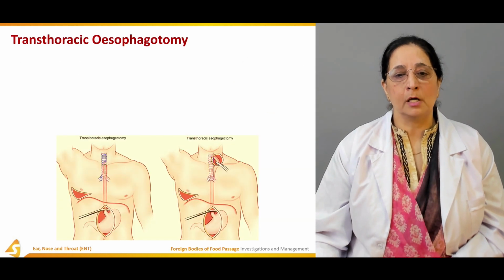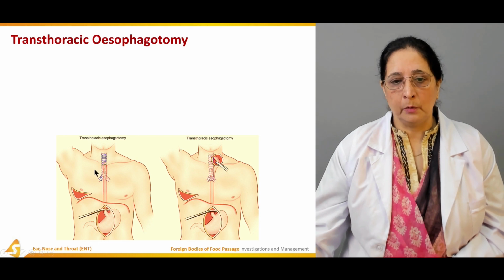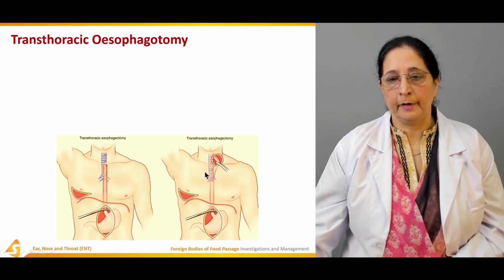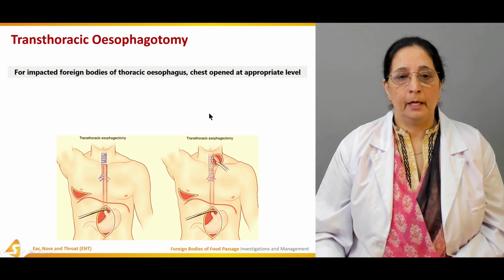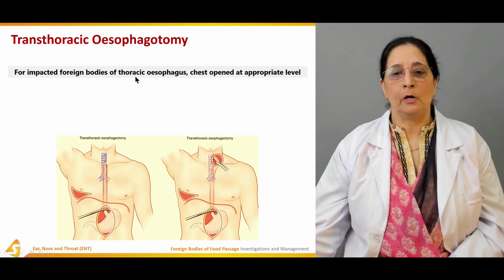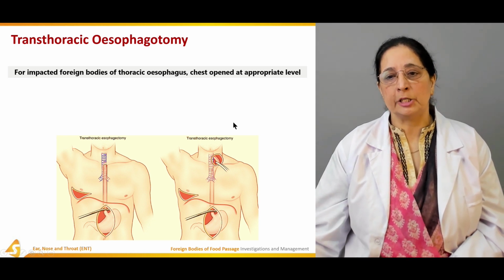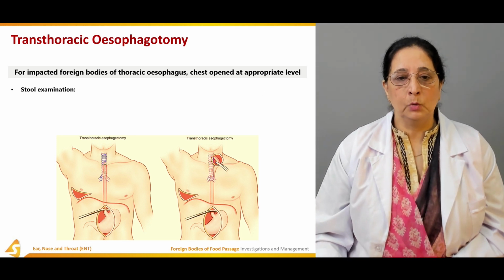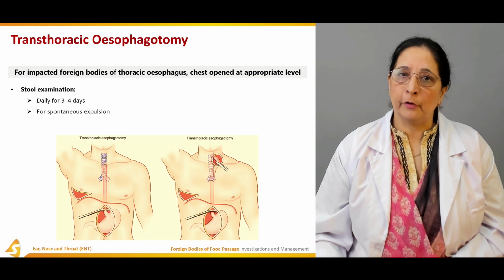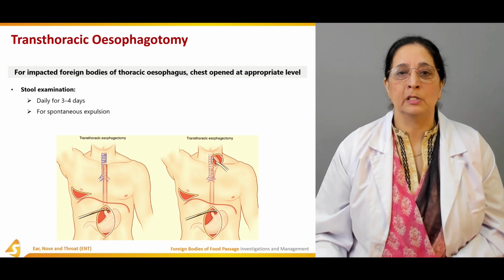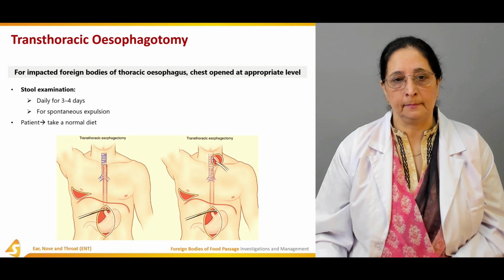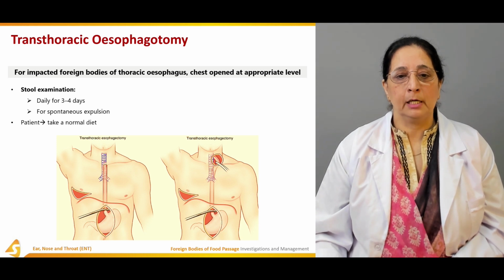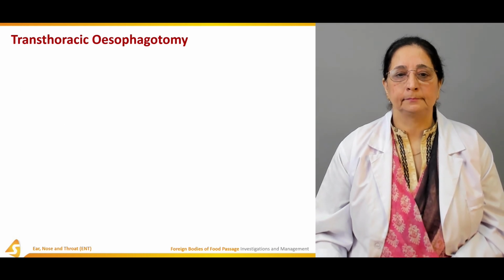Transthoracic esophagotomy: if it is lower down in the thoracic esophagus, then for impacted foreign bodies of the thoracic esophagus, the chest is opened at the appropriate level. For objects that have passed into the gut, stool examination is done daily for 3 to 4 days for spontaneous expulsion, and the patient takes a normal diet.